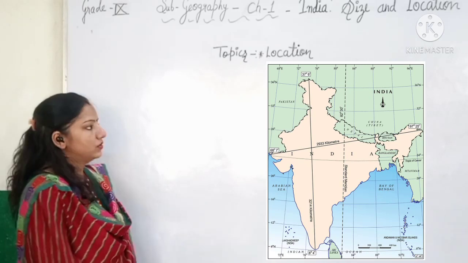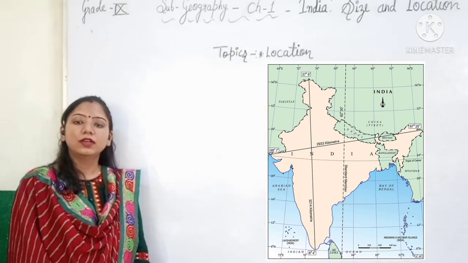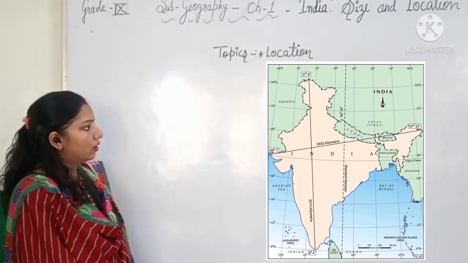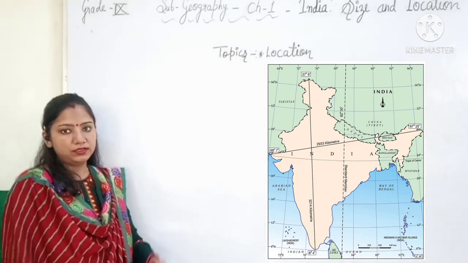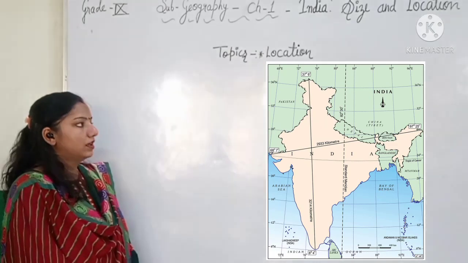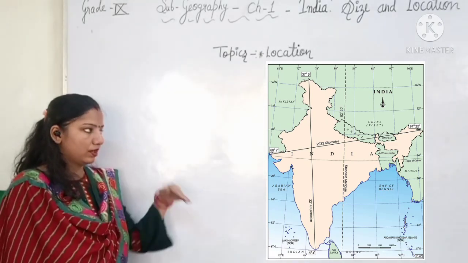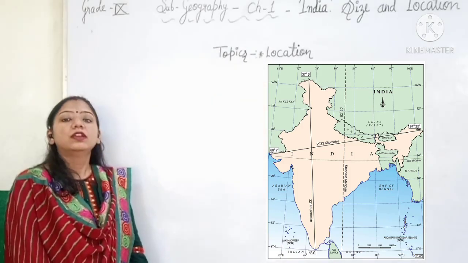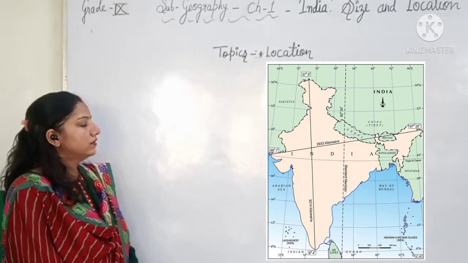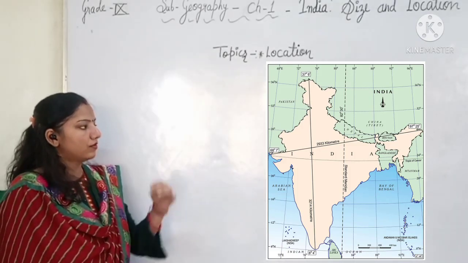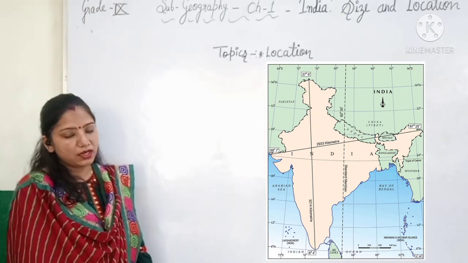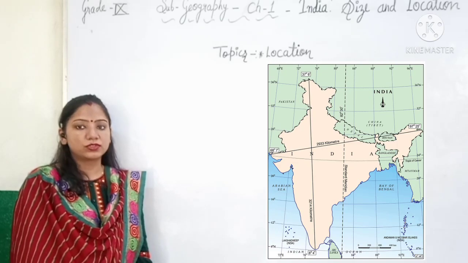So, students, as you can see on the map, our country is equally stretched on all sides. Means if you see from the southern part of our country to the northern part, it is around 30 latitudes, and if you see from the eastern part of our country to the western part, it is again around 30 longitudes.